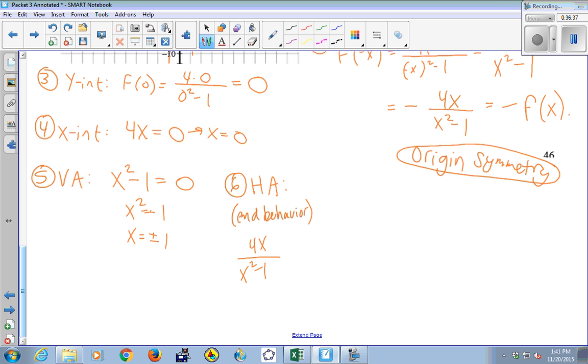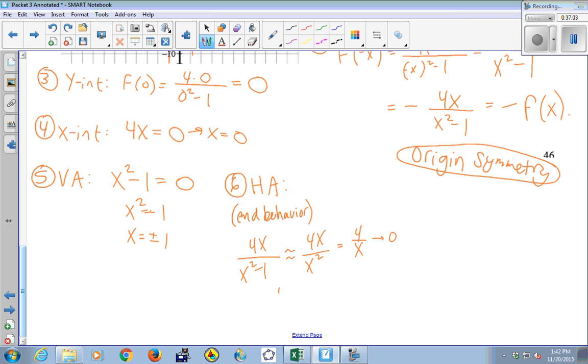That minus 1 hardly matters at all. So this is going to be approximately 4x over x squared. You cancel an x and you get 4 over x. What happens to 4 over x when x gets really, really big? Gets really small. Yep. So this goes to 0.